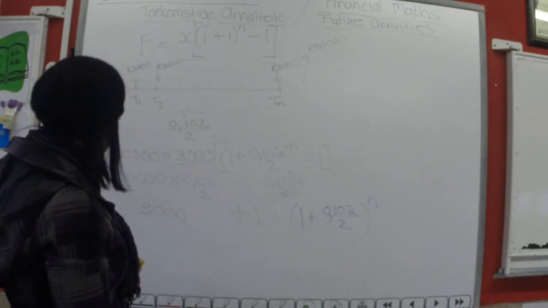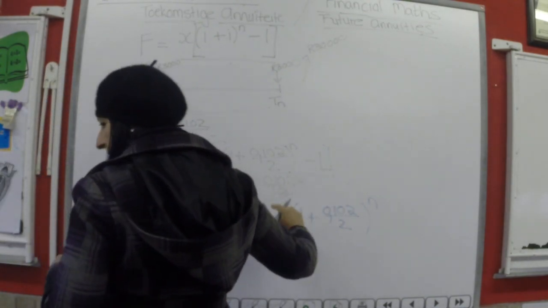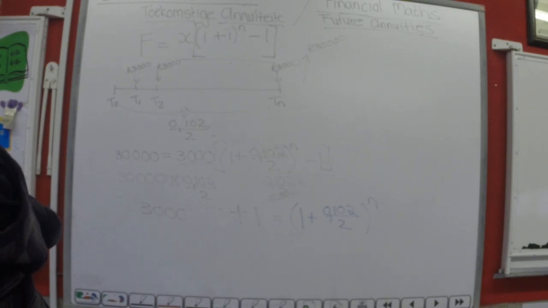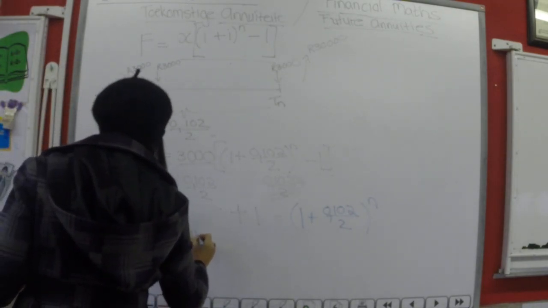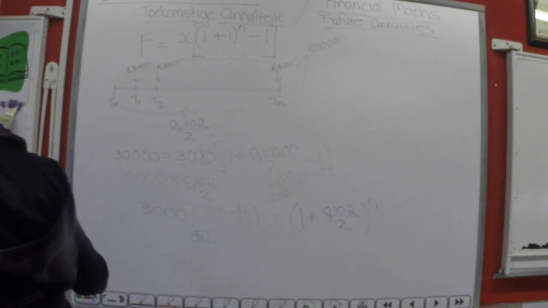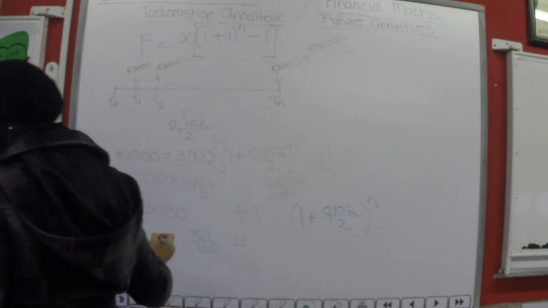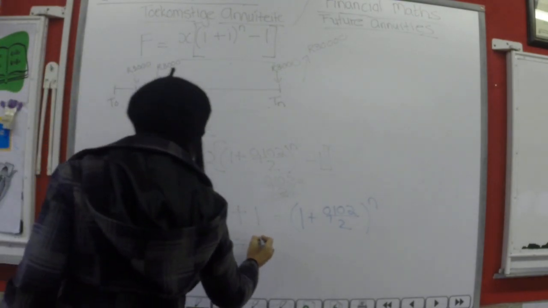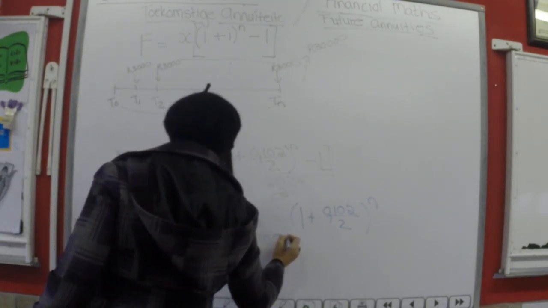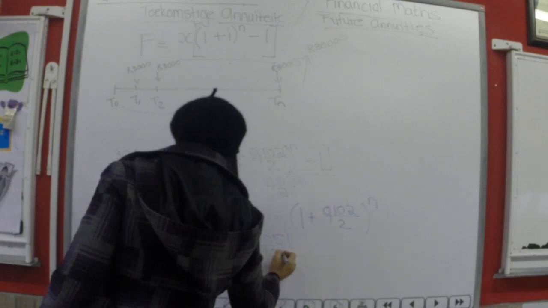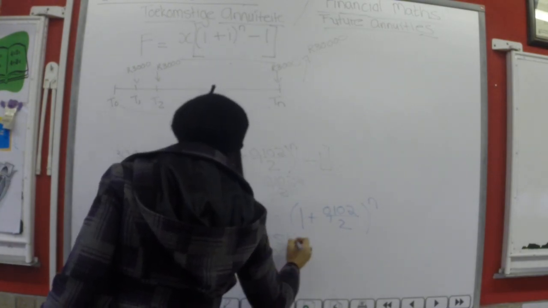So, when I calculate that, I'm going to get 151 on 100. En aan hierdie kant het ek 1051 op 1000 tot die mag n.